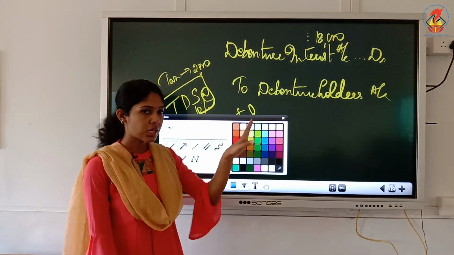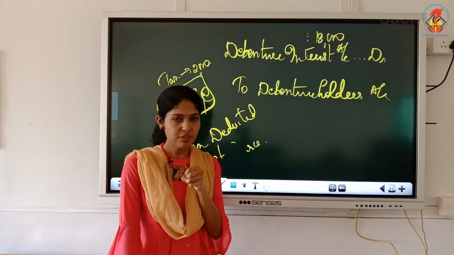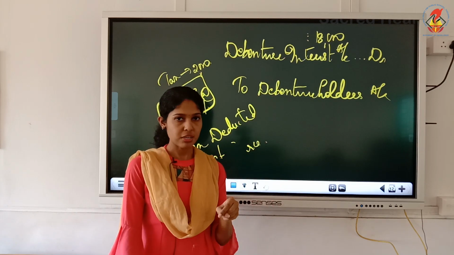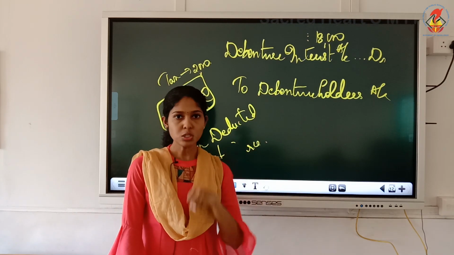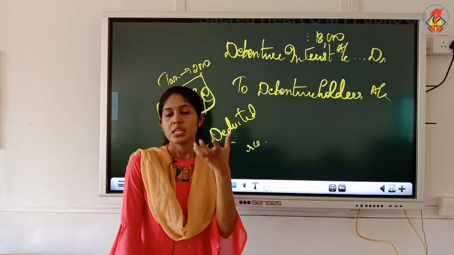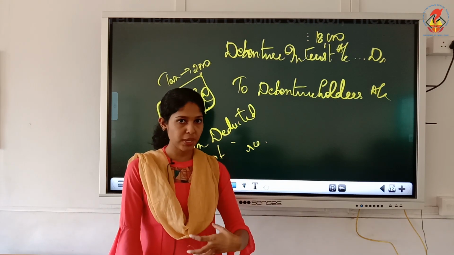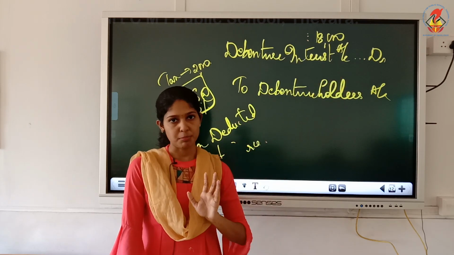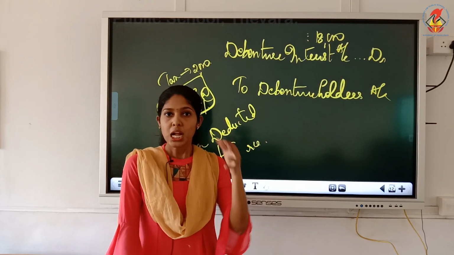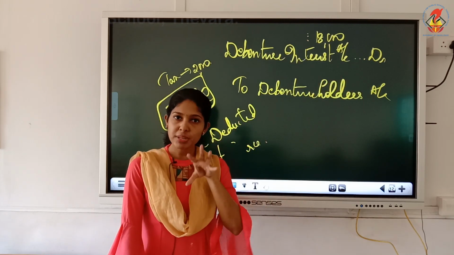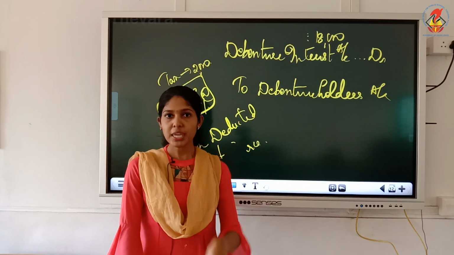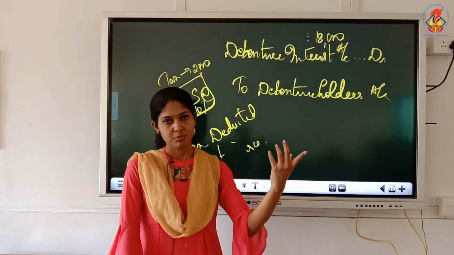Now, company has taken 2,000 from the interest amount, isn't it? From their income, company has taken 2,000. What is this 2,000? It's a tax amount which we have to pay. The company has to pay this 2,000 to the government. So it is becoming company's liability, company's responsibility to pay this 2,000 to the government.